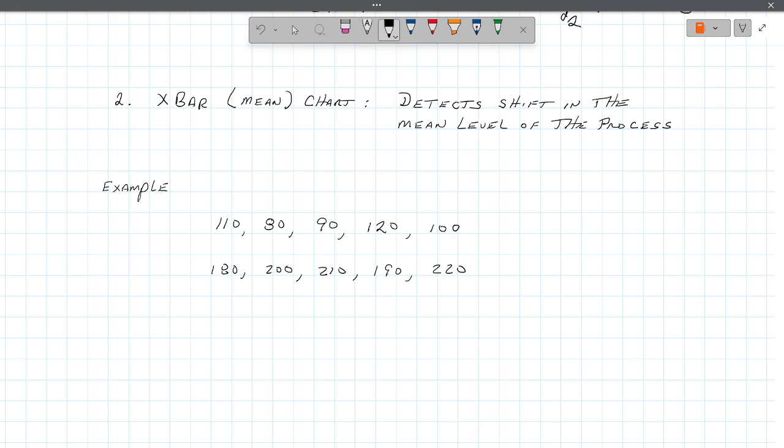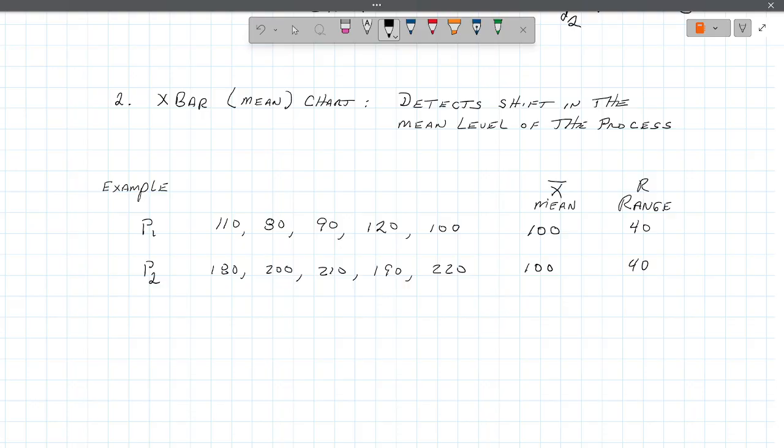Now the fun part of this is the mean for these numbers for both processes is 100. So P1, P2. The range is 40 and 40. Good question, Zach?